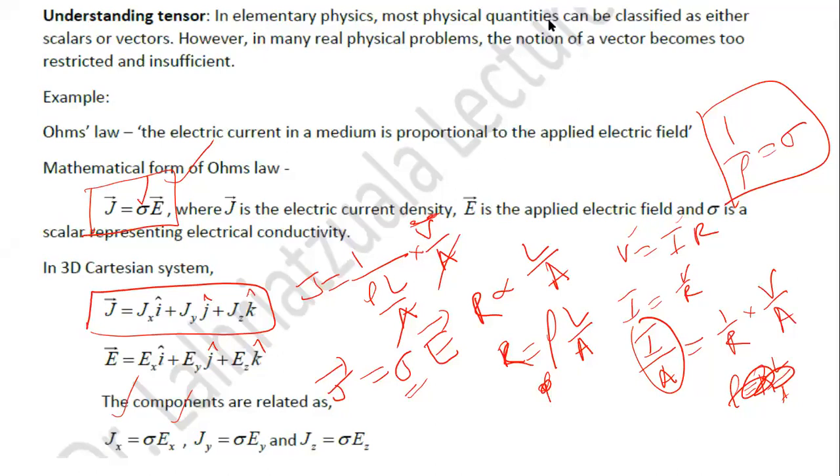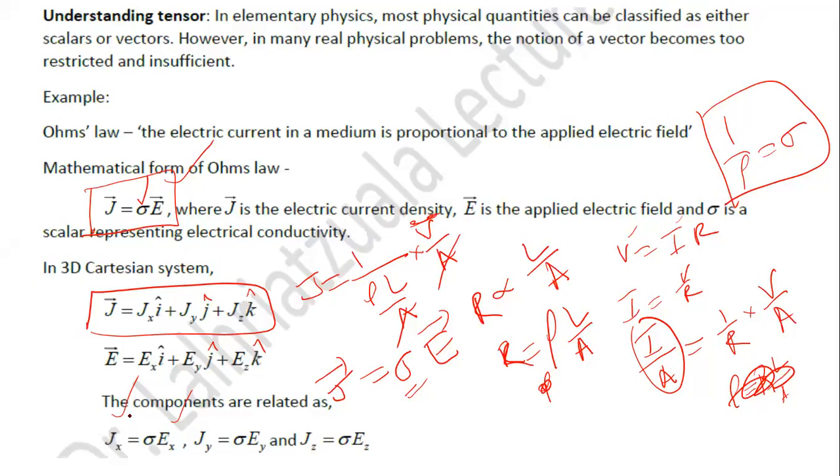So when we have isotropic crystals, we have current which is directly proportional to the electric field. If you have electric field in the x direction, you have current in the x direction.